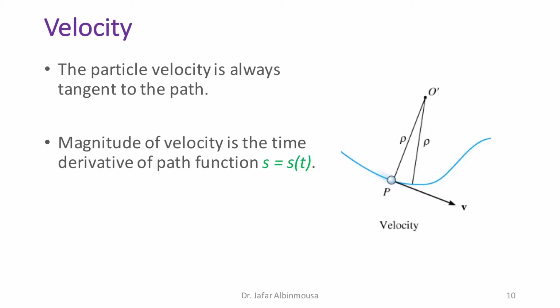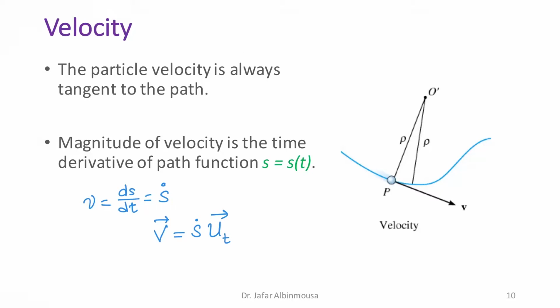While for the magnitude, if we know the path function, which is s as a function of t, then the magnitude of the velocity is going to be ds over dt, which is equal to s dot. So if we want to write the velocity vector, it's going to be v, which is equal to s dot ut.